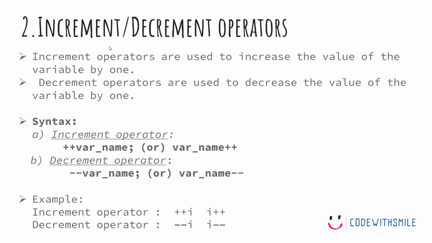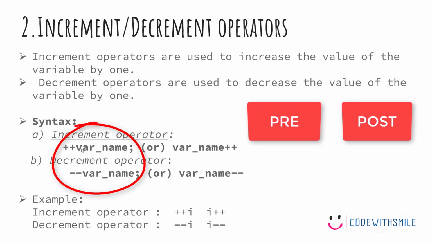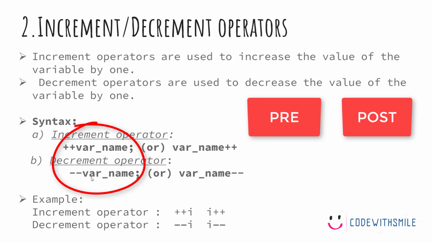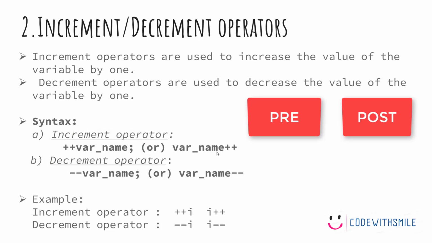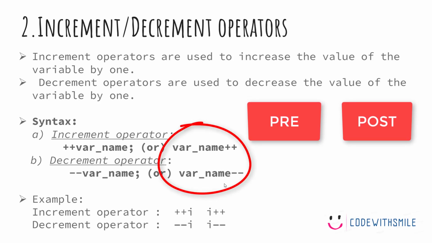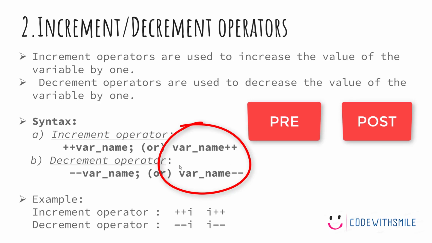Guys, I want to tell you one thing: increment and decrement operators are classified into pre and post. In the pre-increment or pre-decrement operator, the ++ or -- symbol is written before the variable name. Whereas in the post-increment or post-decrement operator, the ++ or -- symbol is written after the variable name.